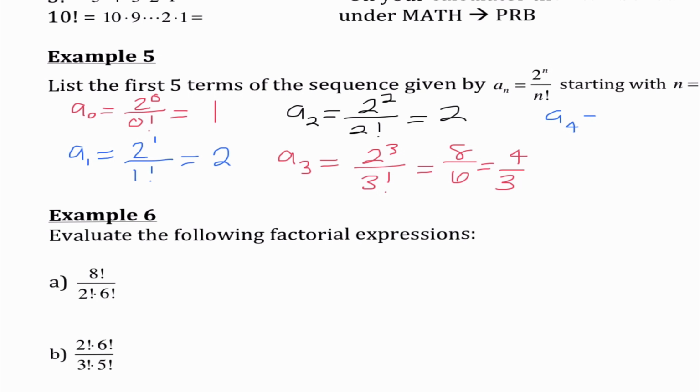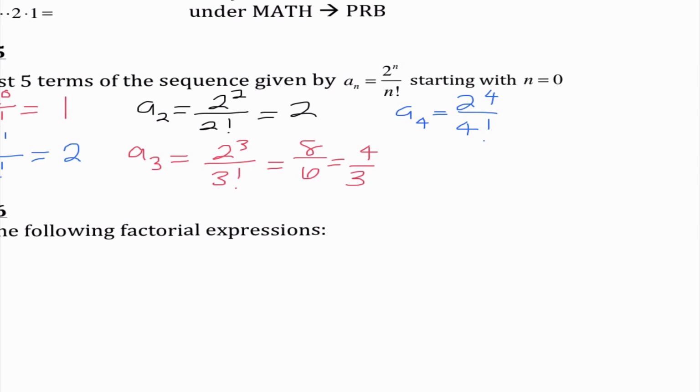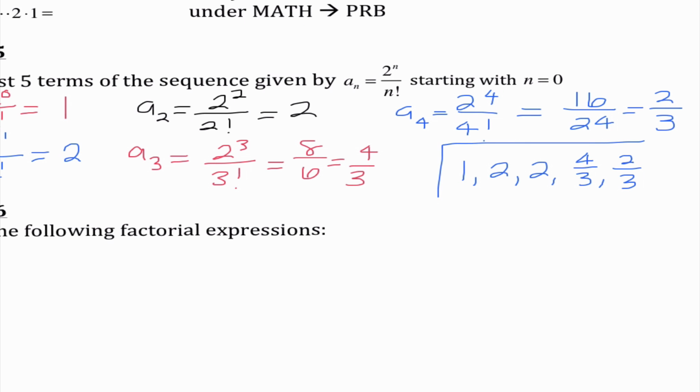A sub 4 would give me 2 to the 4th over 4 factorial. That would give me 16 over 24, which would be 2/3. So it looks like this sequence would be 1, 2, 2, 4/3, 2/3.